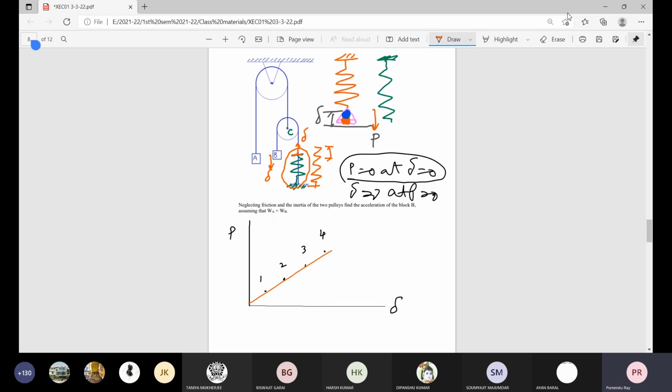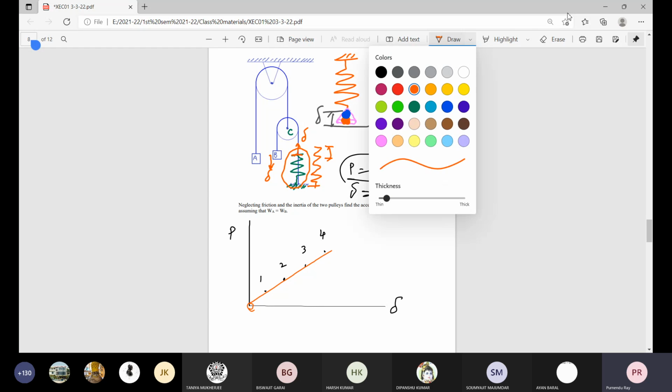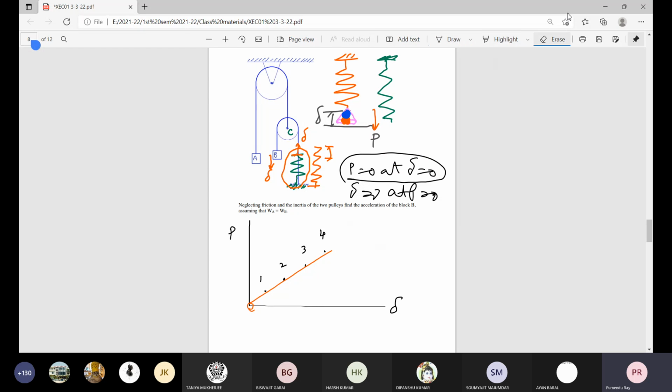It is expected that the graph will pass through the origin. When P is 0, there is no delta. But not necessarily will all these data points, P1 delta 1, P2 delta 2, etc., be in this simple straight line presentation.